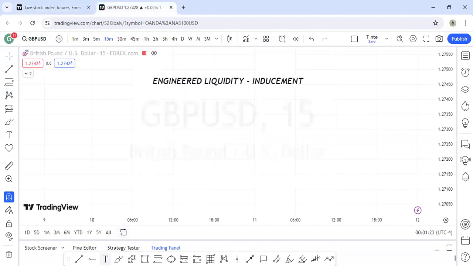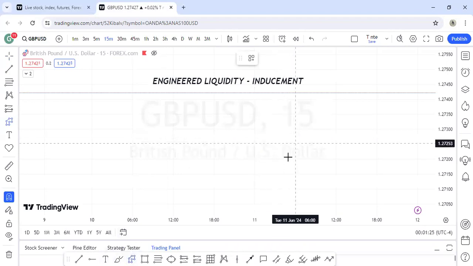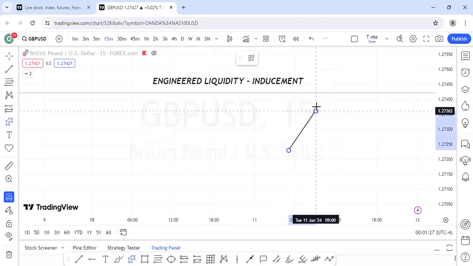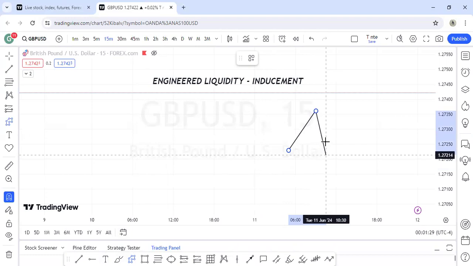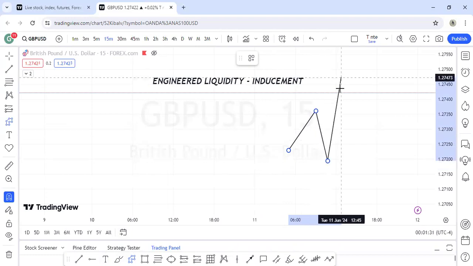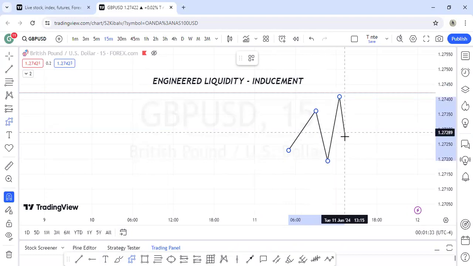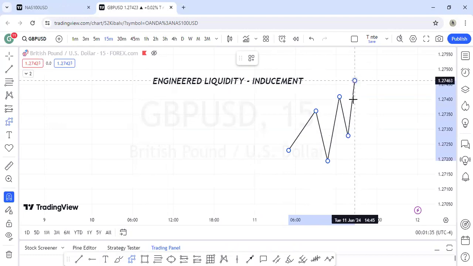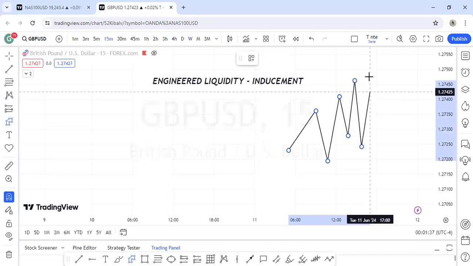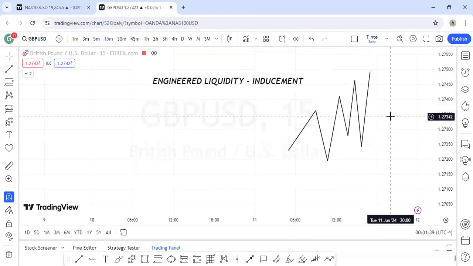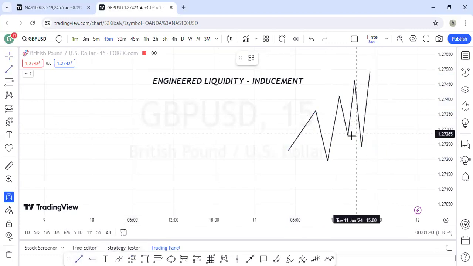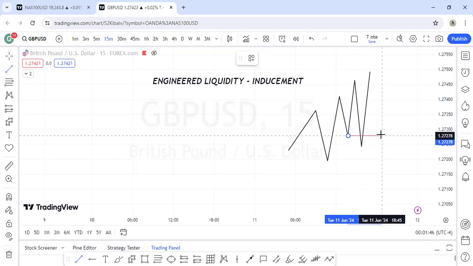Why is that good? Most times, if the market is bullish, we tend to see some kind of inducement, right? So if you see the market is creating bullishness, the market makes some kind of inducement and then does this and then blasts off. Now, this thing you see here is what we refer to as an inducement, this engineered liquidity.